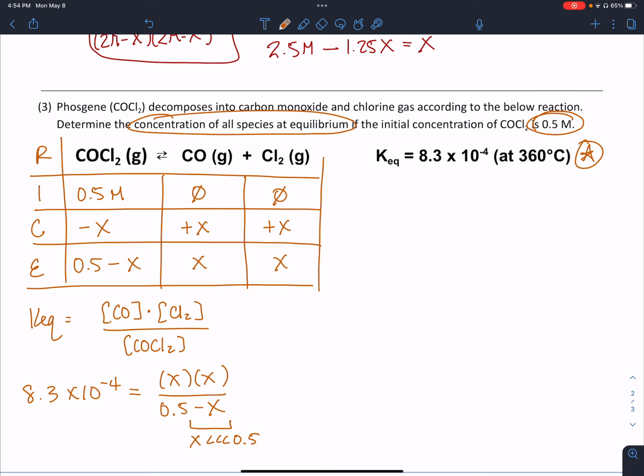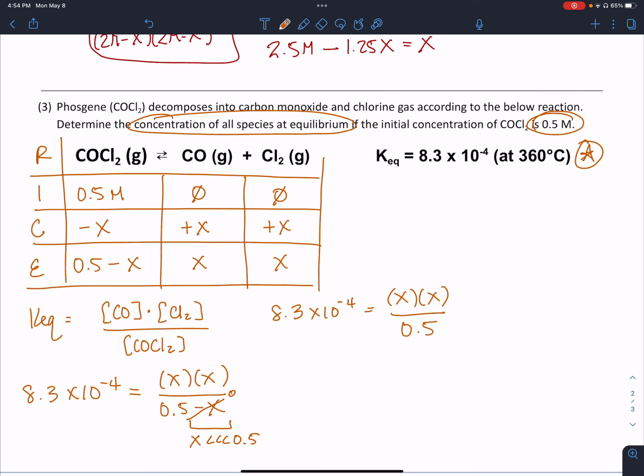It's going to be such a small amount that it won't even really impact the number. When we do that, we can ignore it. So we rewrite our KEQ expression without that X subtracted out. So it looks like this.